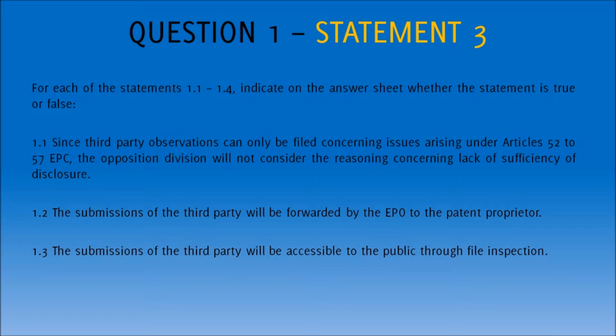However, in those cases, the party needs to explicitly request this and provide evidence why certain information needs to be excluded from file inspection, and then still the opposition division will decide on that. So it's the default way that any document is put into the public file inspection, as long as there's no exception. So there's no reason to believe that third-party observations may be handled differently.